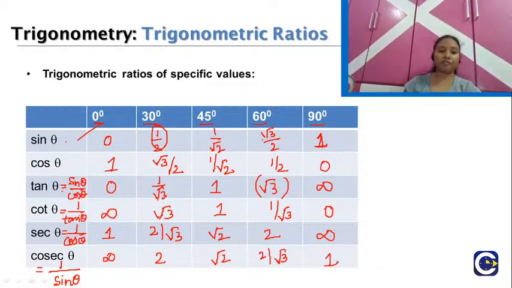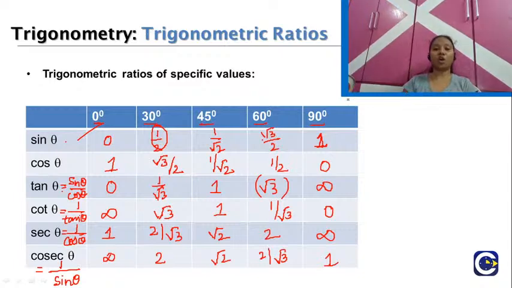Now we have finished our tabular form. Here you can see we have written all our specific values for our trigonometric ratios. Right. Here we have considered only 5 angles: 0 degrees, 30 degrees, 45, 60 and 90. Why have I considered only these 5?